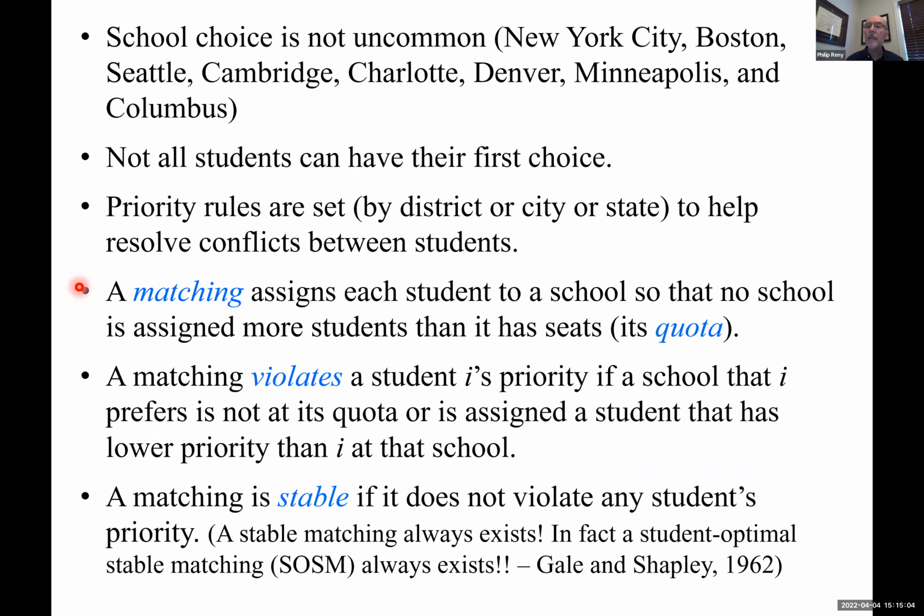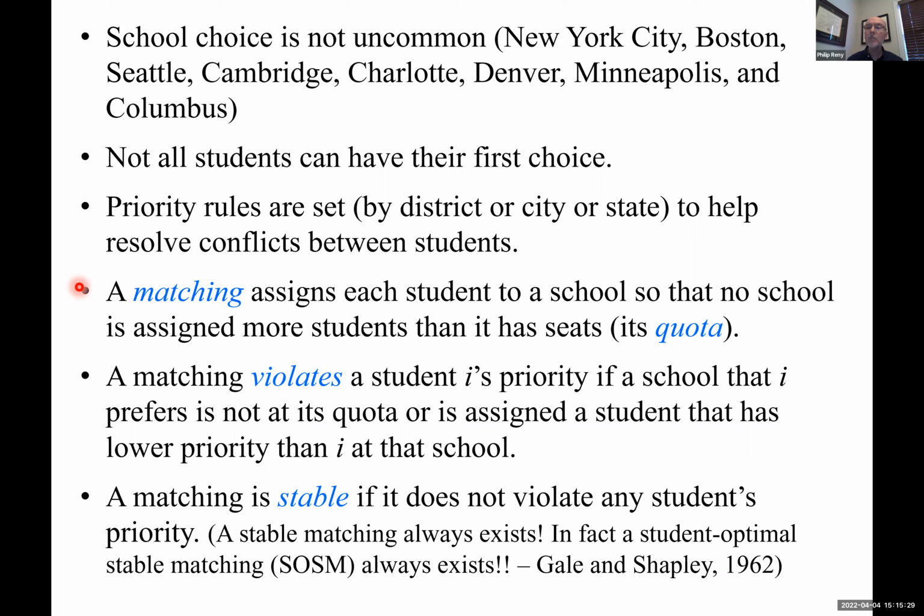And by the way, there's an implicit assumption here that all of the schools prefer any student to an empty seat. So that would be that this woman prefers this man to being unmarried. So if she's unmarried and this man prefers her, that would not be stable in the Gale-Shapley sense. That's one way for this man's priority to be violated.